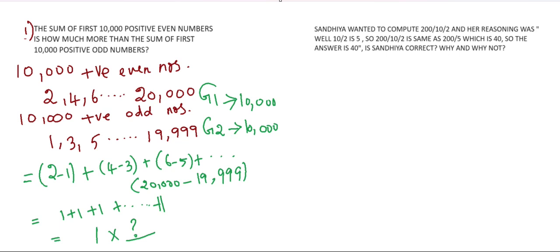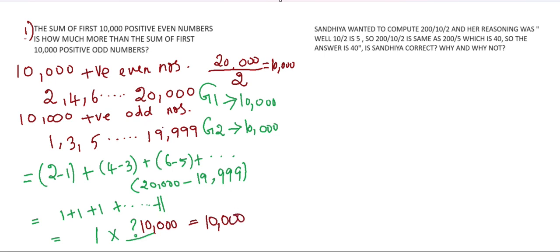Every pair has two numbers, so the total number of pairs is 10,000. So 1 into 10,000 will give you 10,000.